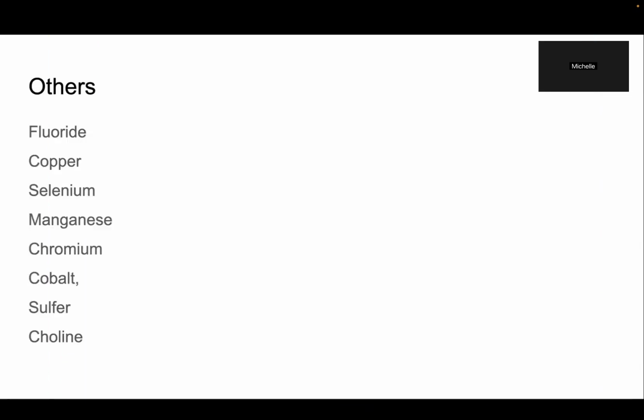These are the other different micronutrients. I didn't really come across too many questions regarding these that I couldn't answer, so that's why I included it here. That way I know these are the other micronutrients in your body that are important, but I didn't come across one specifically.